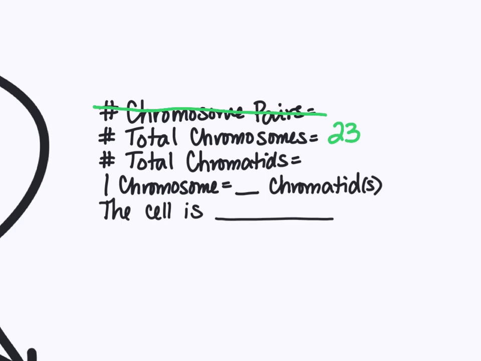And that's because we took the 46 chromosomes that we had at the beginning and we separated those in two. Now, we still have 46 total chromatids, and that's because each chromosome is made up of 2 chromatids. Now, because we no longer have these paired chromosomes, it means that we no longer have homologous chromosomes, which means that the cell is now haploid.